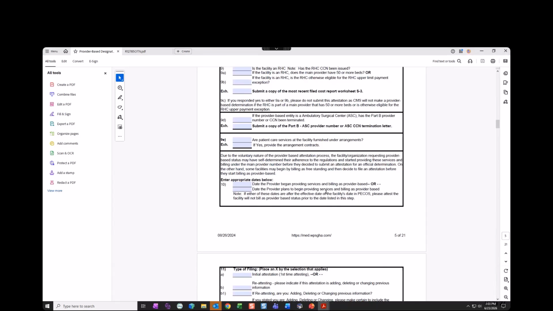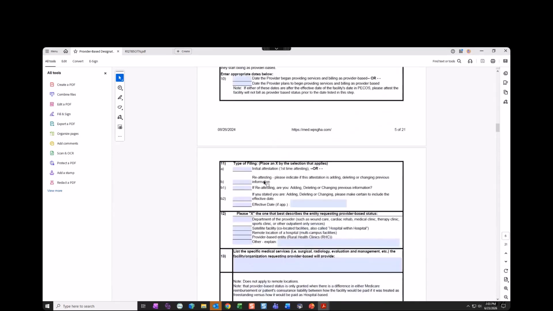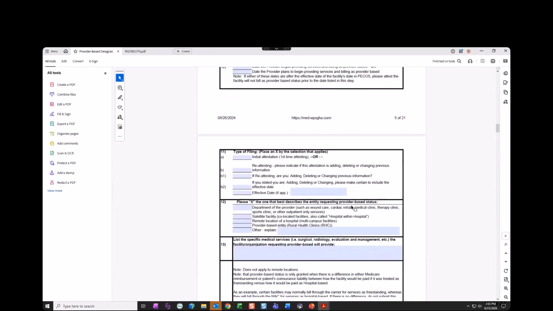They might be doing this ahead of time, or they might be in the past, and they decided to start doing it. We need to know if it's an initial attestation or a subsequent one.